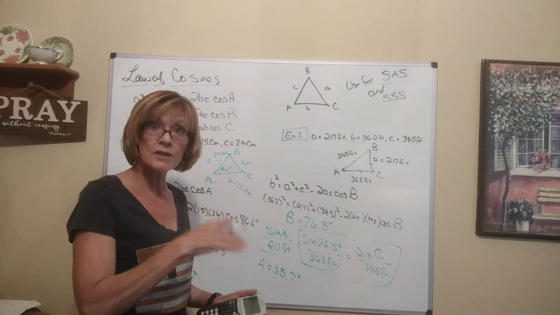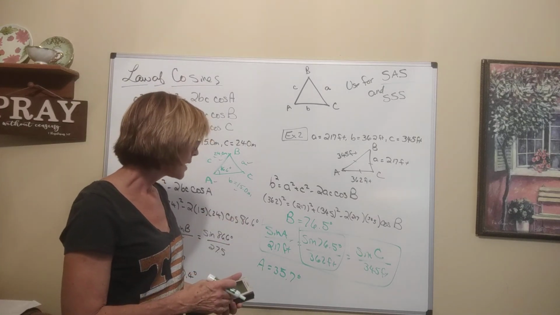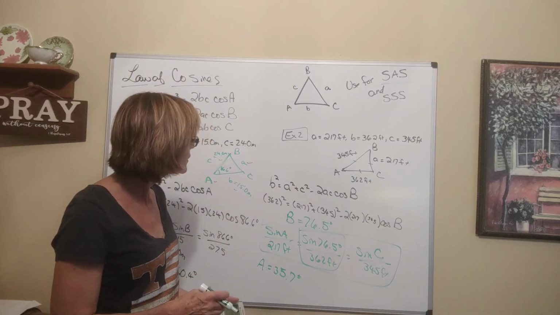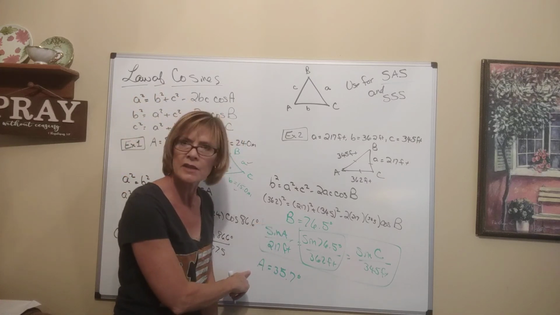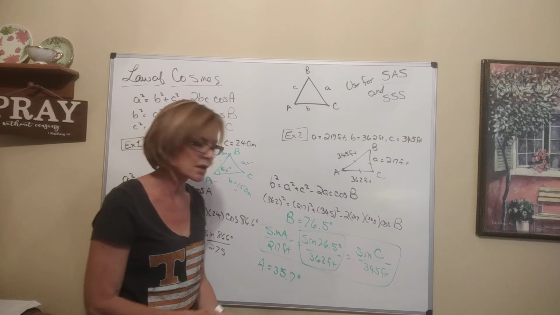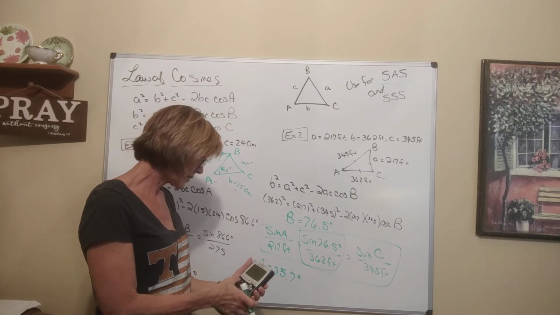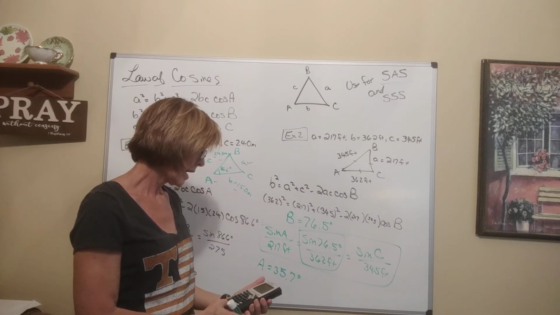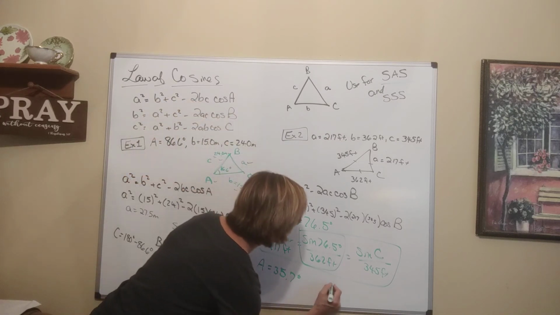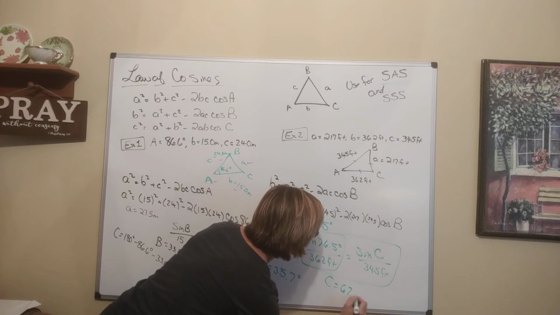I'm going to take the inverse sine and find that, although I didn't really have to do that, did I? Oh, I don't even have to do that. I could have just subtracted this from 180. That's really what I should have done, but this will be a check. Let me do the inverse sine of that. And I get 67.9, so C is 67.9 degrees.